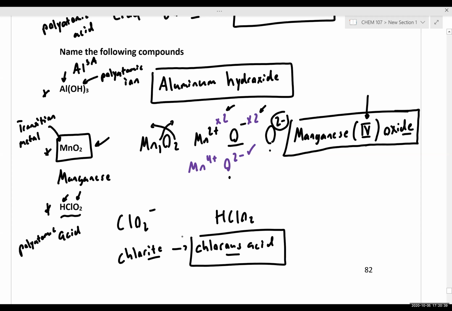You have to know the name of your parent polyatomic ion in order to name polyatomic acids. Does this example make sense to everyone?